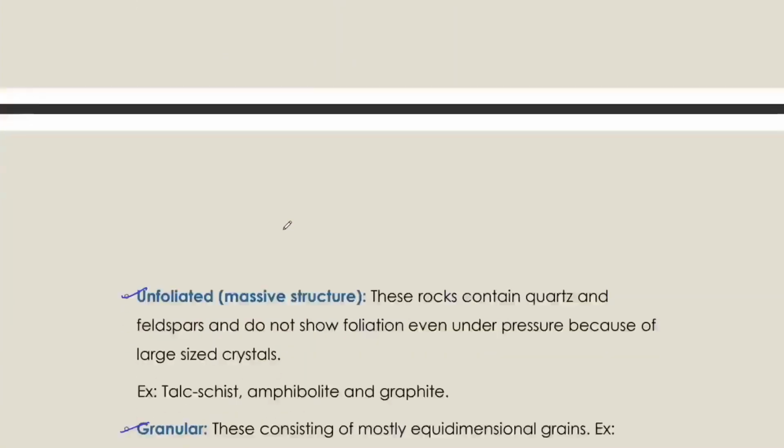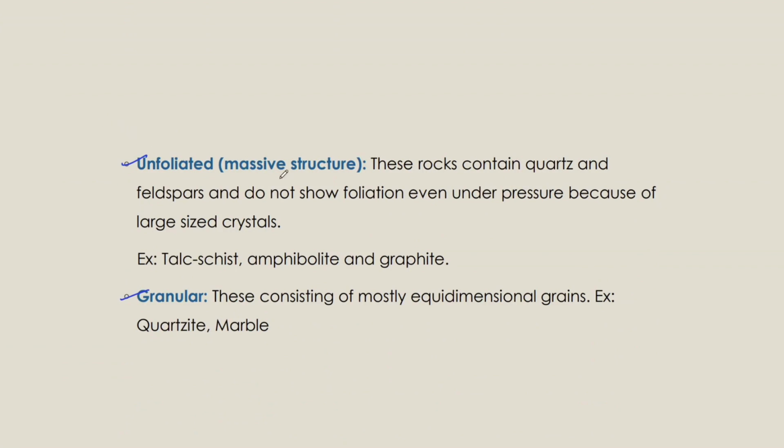After that, we have unfoliated. That is massive. They have a massive structure. These rocks contain quartz and feldspar and do not show foliation. The previous one, the foliated one, shows foliation, but here the unfoliated ones do not show foliation even under pressure, because of the large size crystals.